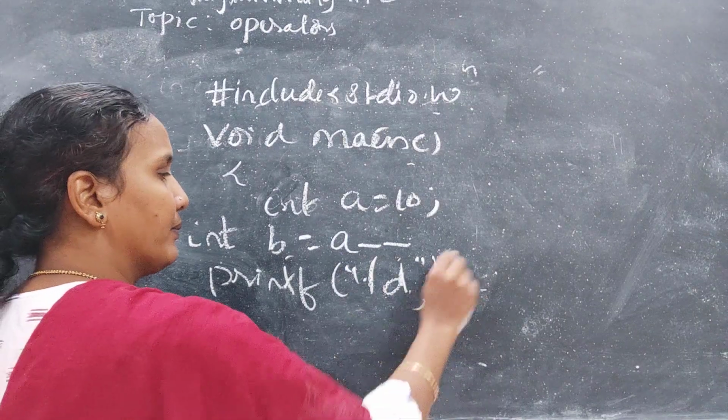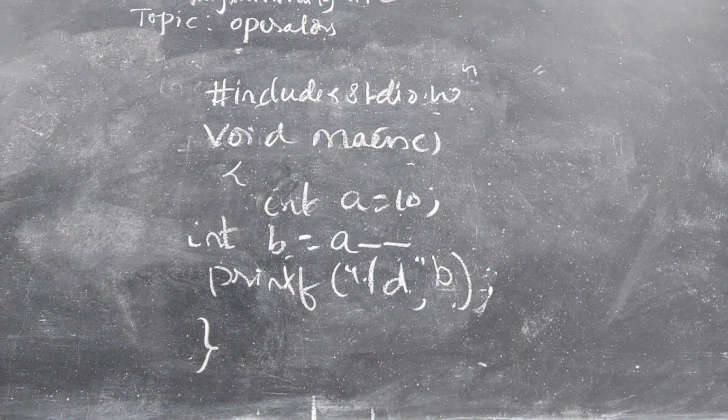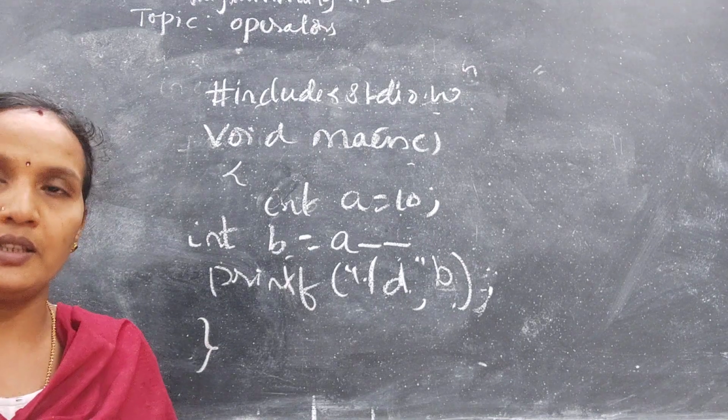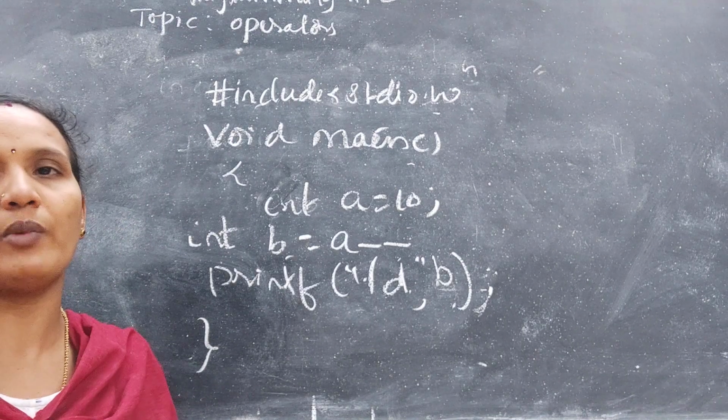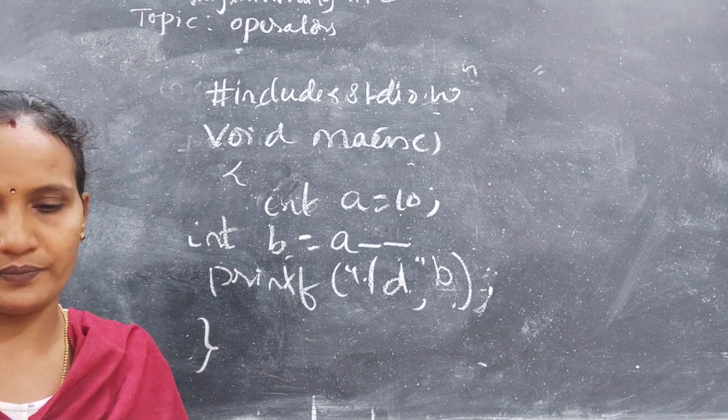Now I am printing b. This is a simple example program. Take a screenshot of this. Increment will increment the operand value by 1, and decrement will decrement the operand value by 1. Okay, increment and decrement.